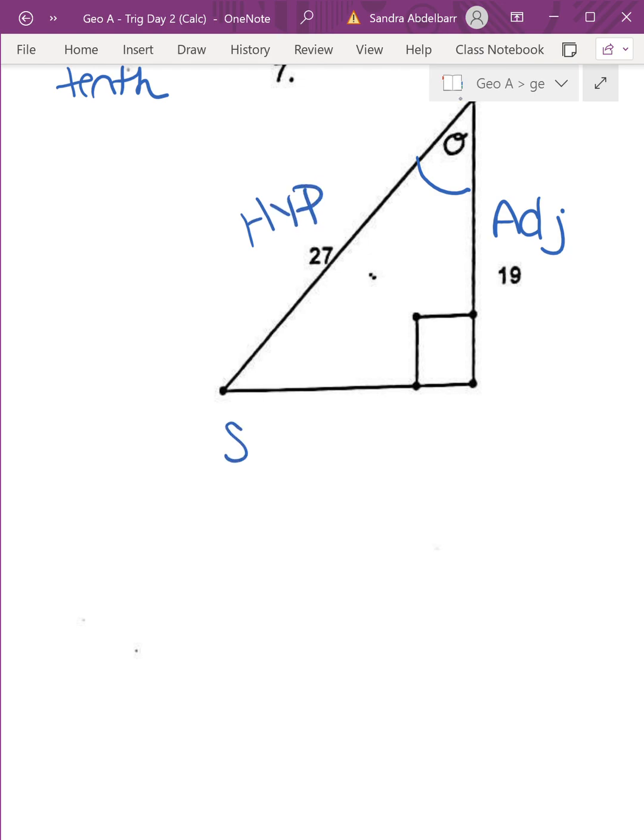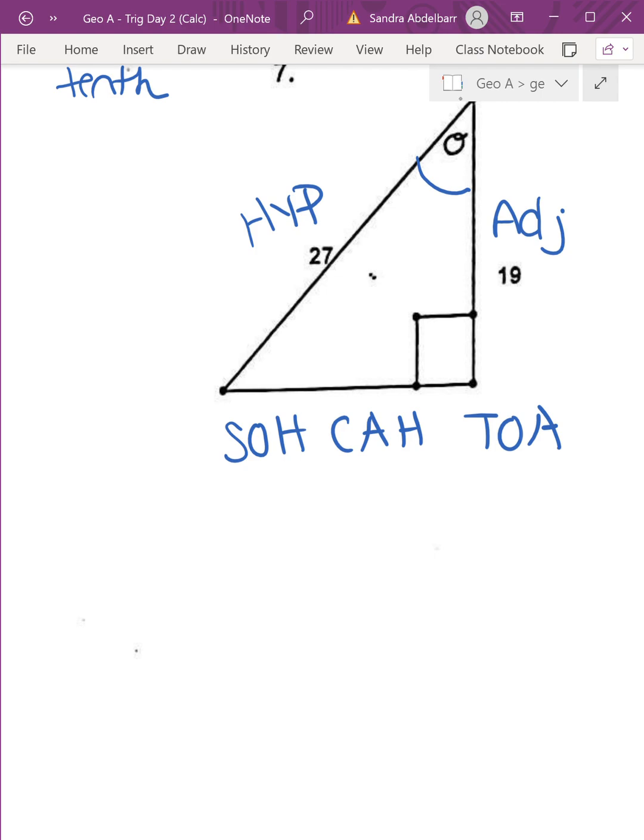So we're back to SOHCAHTOA. We have A and we have H. Which trig function pairs A and H?